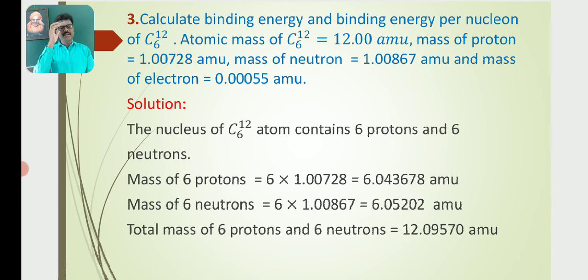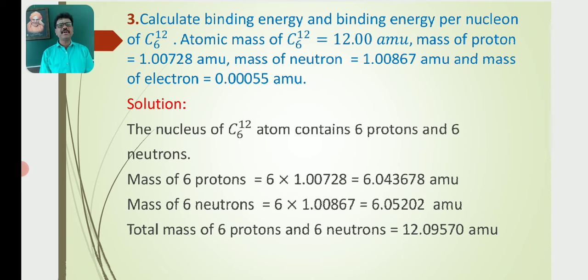Now let us discuss the third problem. Calculate the binding energy and binding energy per nucleon of carbon-12. The atomic mass of carbon-12 is equal to 12.00 AMU. AMU means atomic mass unit, the smallest unit of mass.